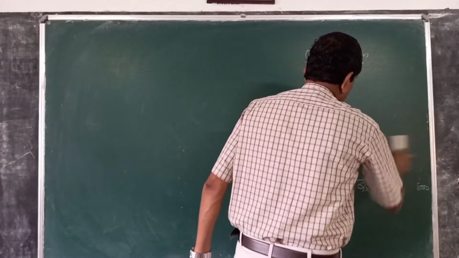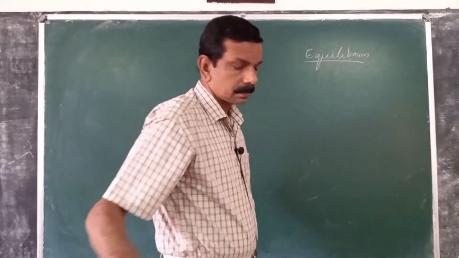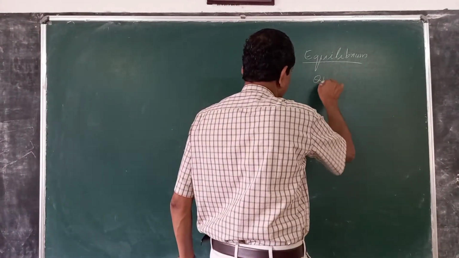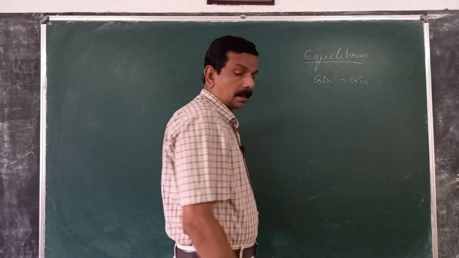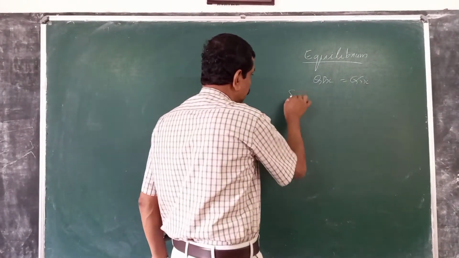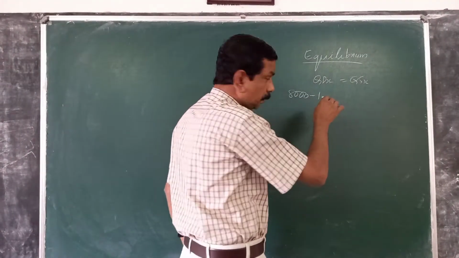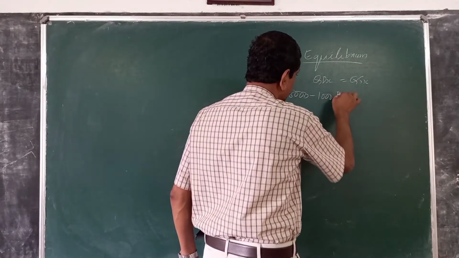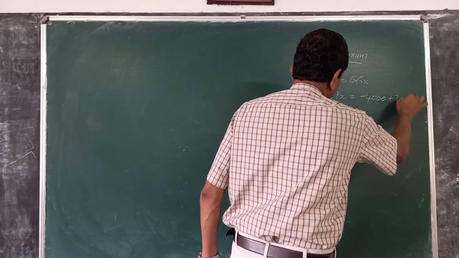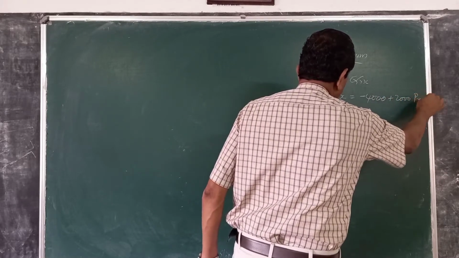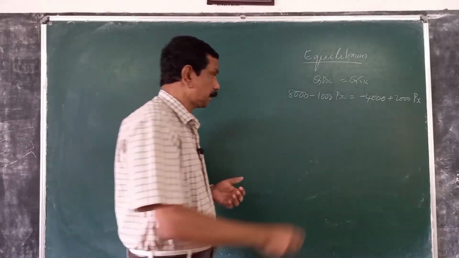Mathematically, we equate the demand and supply. We use the condition Qdx equal to Qsx. Qdx is 8000 minus 1000 Px, which is equal to minus 4000 plus 2000 Px. We equate quantity demanded to quantity supplied.